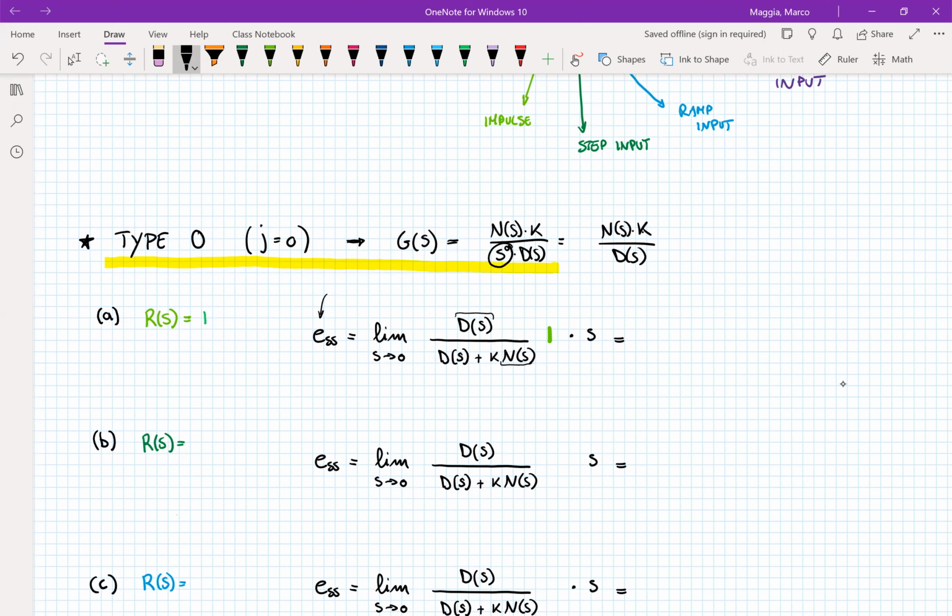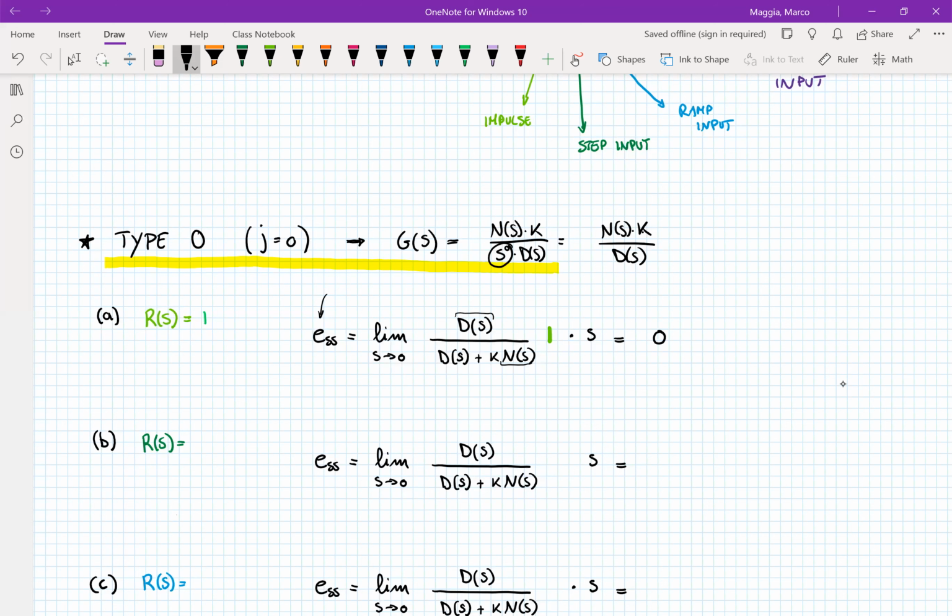So this limit is simply 0. So a type 0 system, if the input is just an impulse, then the output in the steady state will exactly match the desired output.